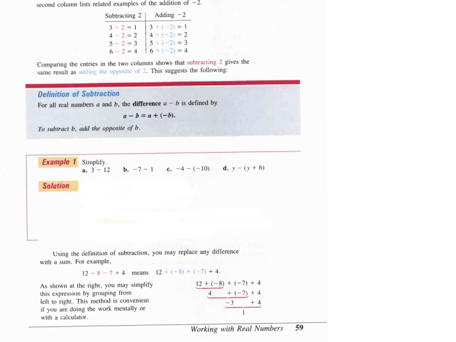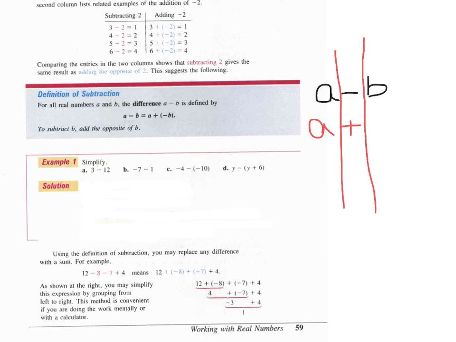For example, their rule here is A minus B. So what I'm going to teach you guys is to keep the first number the same, change the subtraction to an addition, and then change the last number to its opposite. And that's what they're saying in here as the definition of subtraction. So either you do keep, change, change, where you change the subtraction to an addition, and then you change the last number to its opposite.